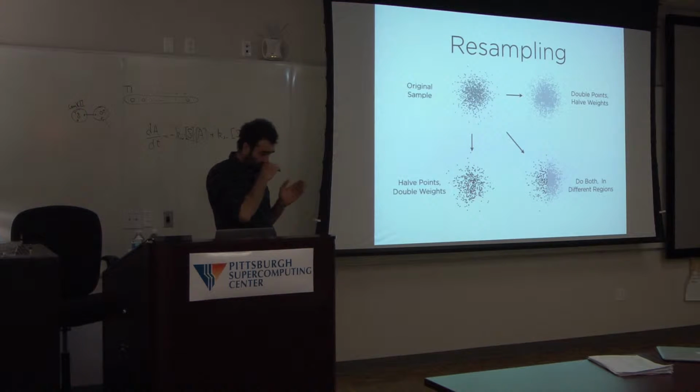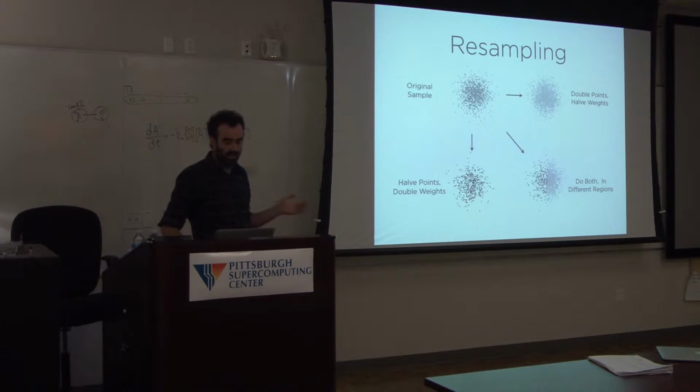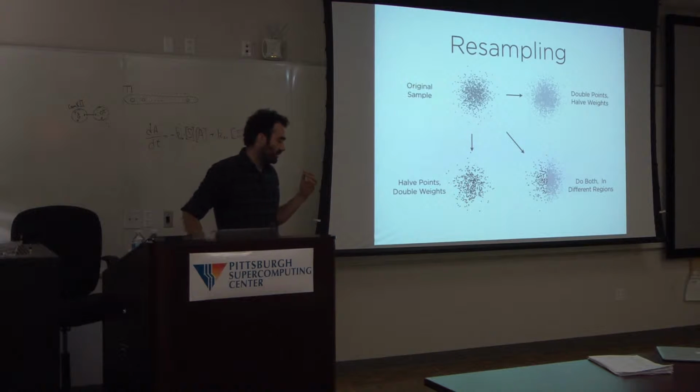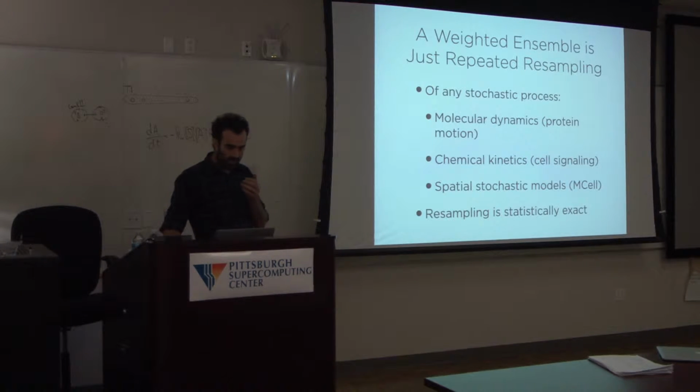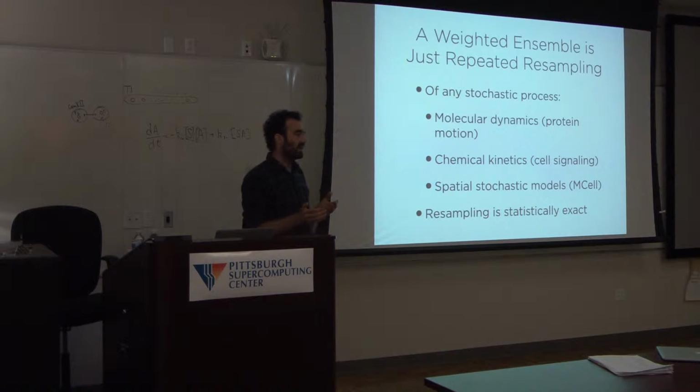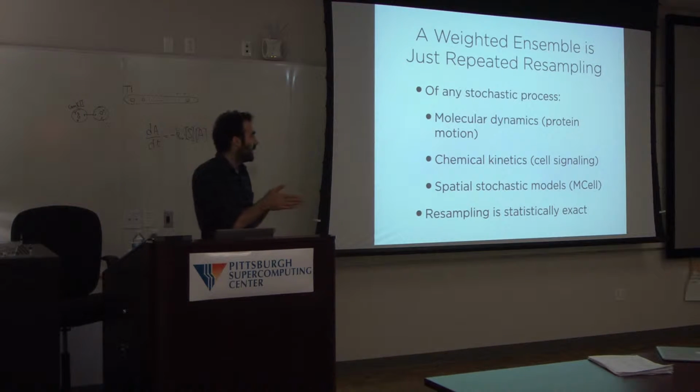And so that is what the weighted ensemble algorithm is built on. You use a stochastic process, that's your underlying distribution, and you resample iteratively as you step through time. And so it's just repeated resampling events where you upsample things where you care about events and downsample where you don't.